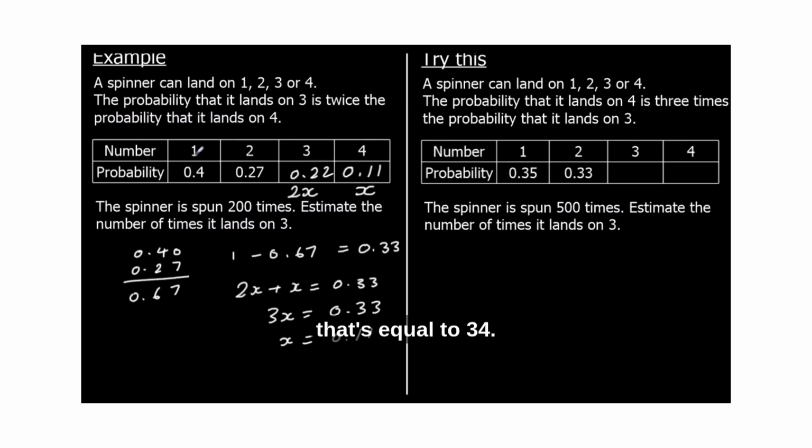So here are our probabilities. The question says the spinner is spun 200 times. Estimate the number of times it lands on 3. So we're going to do 0.22, so 22%, of 200, 0.22 times 200.